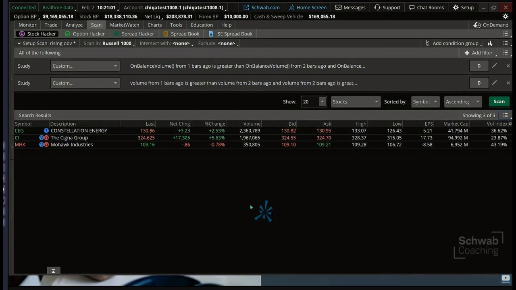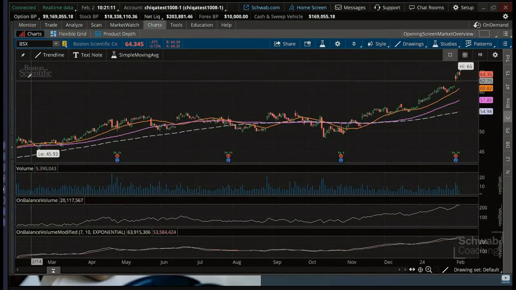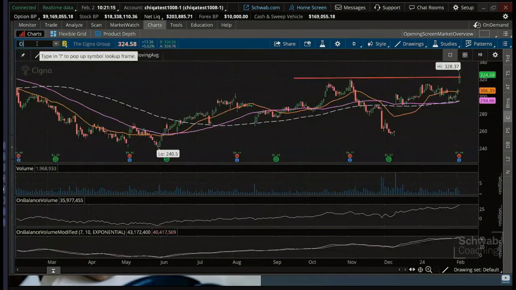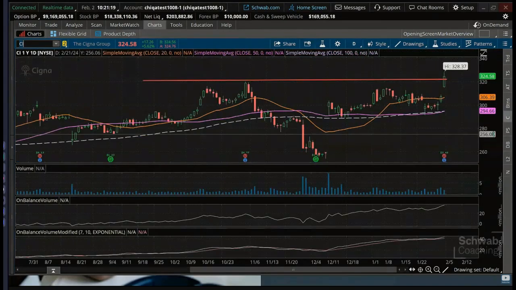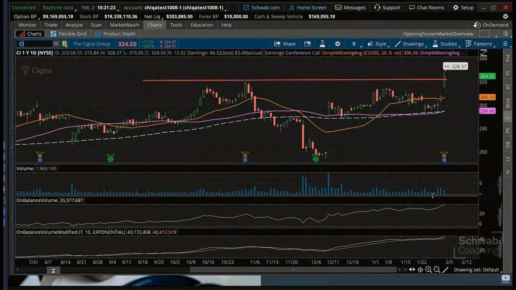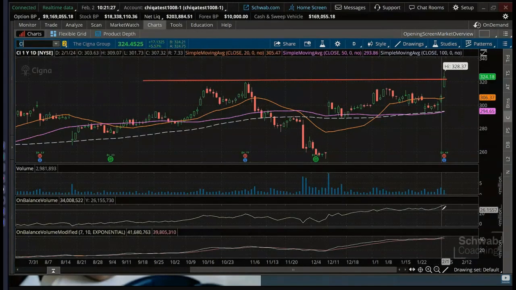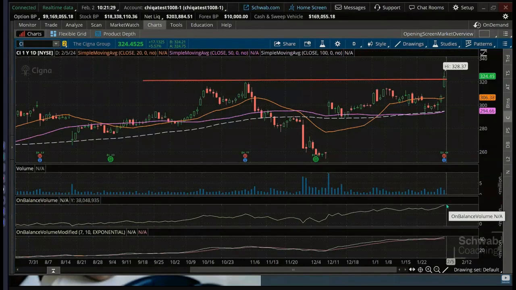Let's take a look at a couple of these. Let's take a look at Cigna. This is kind of what we're looking for, right? We got the volume picking up the last couple of days. On-balance volume line is continuing to go up. It's at the highest it's been.